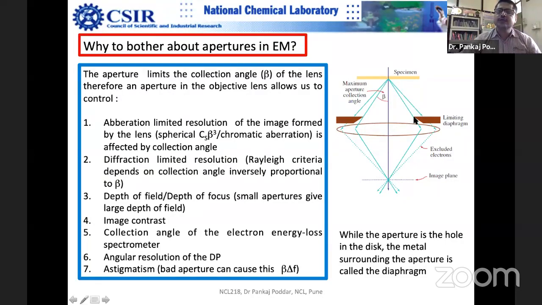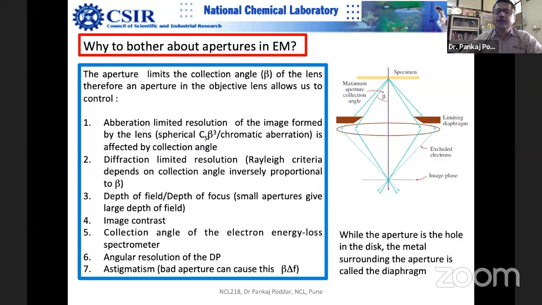So any incoming electron sees the aperture start acting like a lens, because there will be Coulombic repulsion from that part, and you start getting beam distortions. That is the reason you get astigmatism. The beam doesn't remain spherical in nature. So one of the reasons behind astigmatism and all those problems is a problem with the aperture.